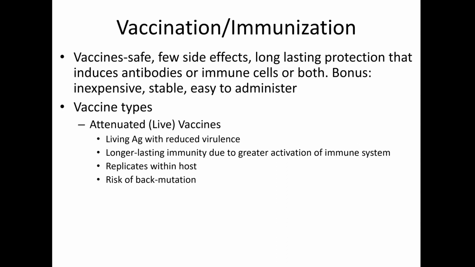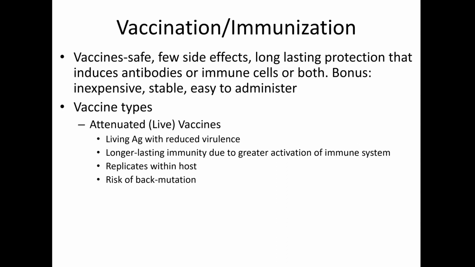And in an attenuated vaccine, what happens here is we introduce a microbe that is extremely modified, such that it's not going to do well in a human body. The most common way this happens is we take a microbe or a virus and we propagate it in a non-human animal, a pig, a rabbit, a horse, something.